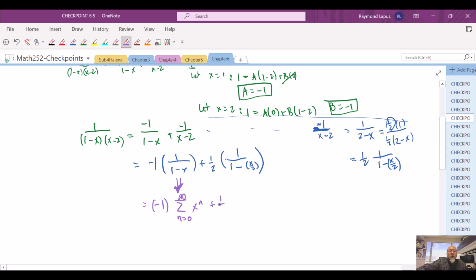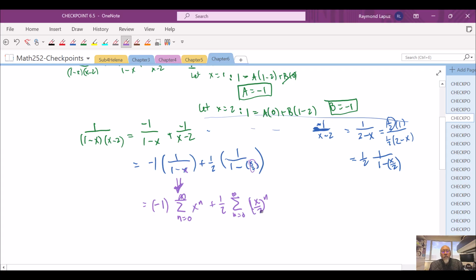Now the second one, we'll get the 1/2 sitting out in front, and then now this is a series as n goes from 0 to infinity of, now this is going to be our new x, kind of like our x for a geometric series, or our r, whatever you want to call it, the ratio. This is going to be x over 2 to the nth power.